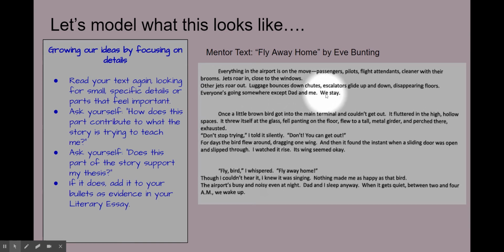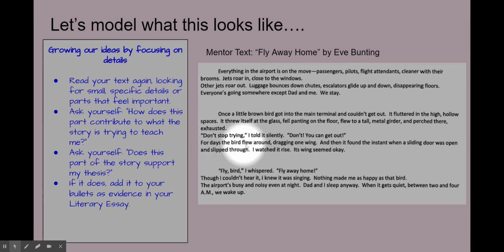We stay. Once, a little brown bird got into the main terminal and couldn't get out. It fluttered in the high, hollow spaces. It threw itself at the glass, fell panting on the floor, flew to a tall metal girder, and perched there, exhausted. "Don't stop trying," I told it silently. "Don't! You can get out."